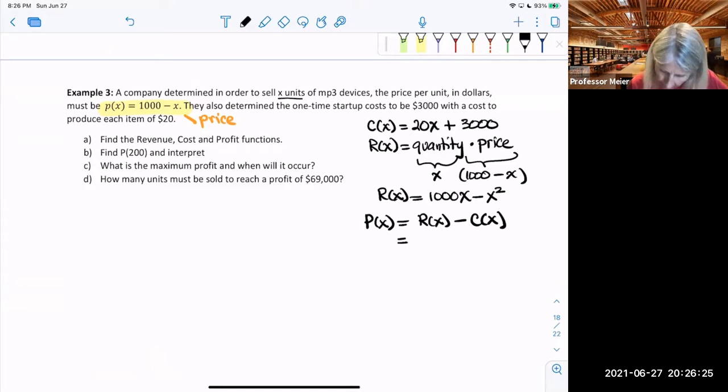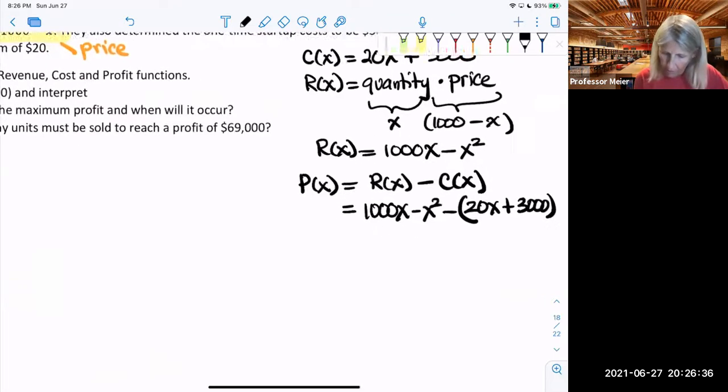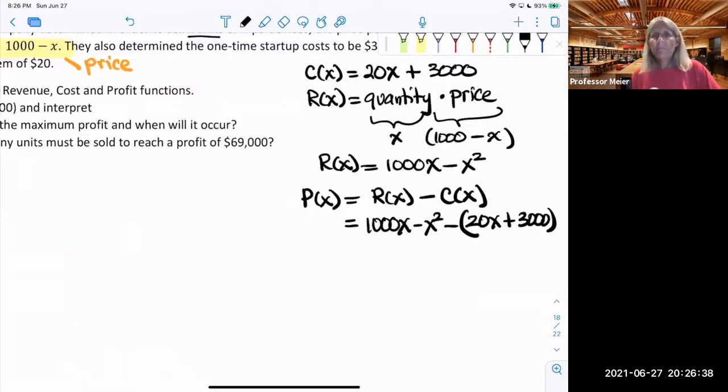So revenue we have is 1,000X minus X squared, minus the cost, 20X plus 3,000. Let me bring that up a little bit over here so you can see that better. So I'm finding my profit function, P of X, revenue minus cost, reminding you again, parentheses, so that you distribute your negative.